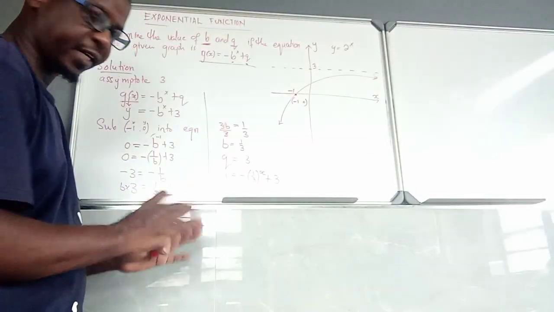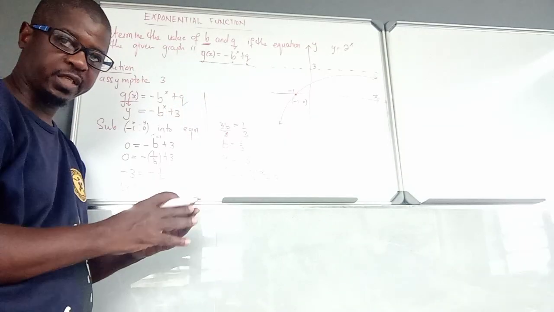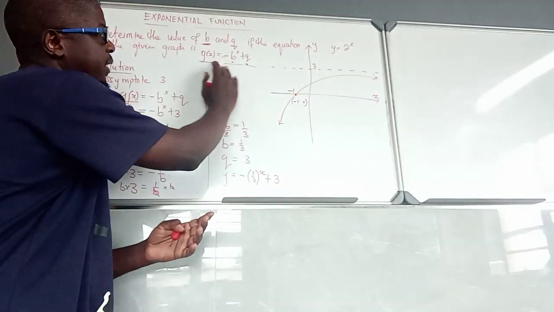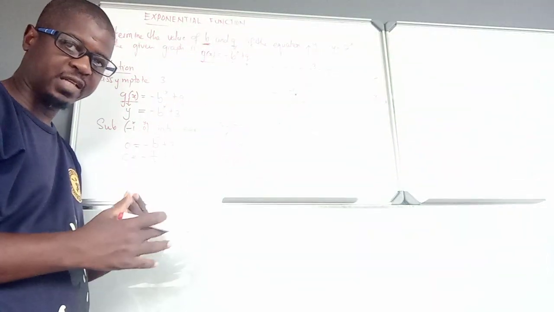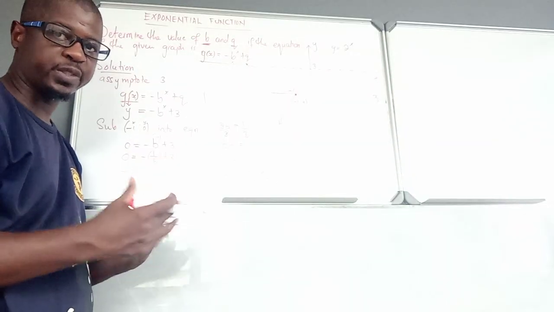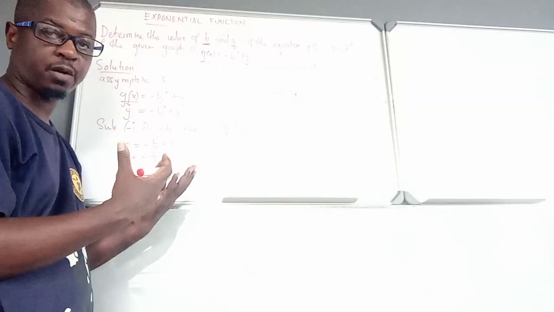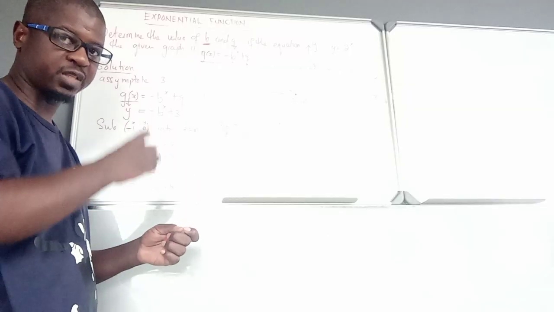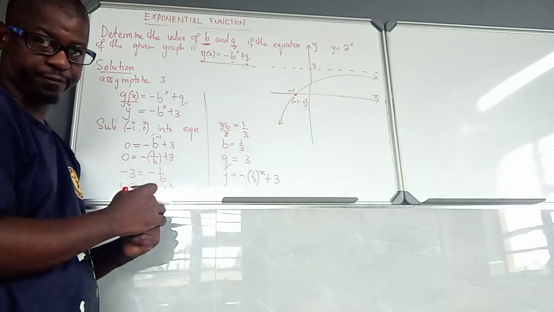This is the equation that we actually found. Firstly, we were asked to find the value of b, which we did, and then the value of q, which we did, and then we take those values and substitute into the general form, and we now have found the equation for this exponential graph.